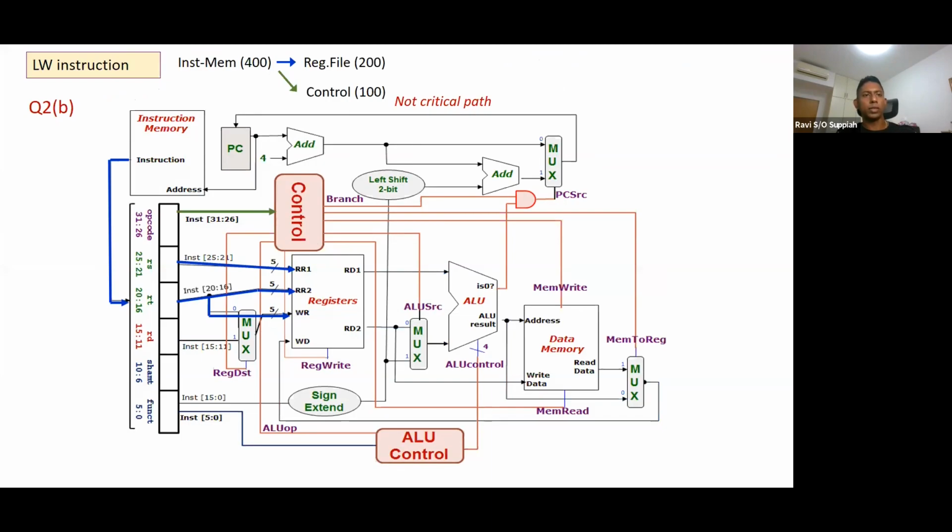How about your load word instruction? For the load word instruction, the first part is the same, correct? Because you have to fetch an instruction from memory and pass through to a register file. As you pass through the register file, you can see that I have RR1, RR2, plus a write register.